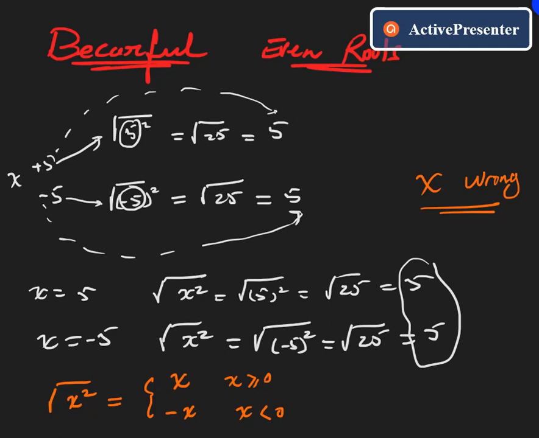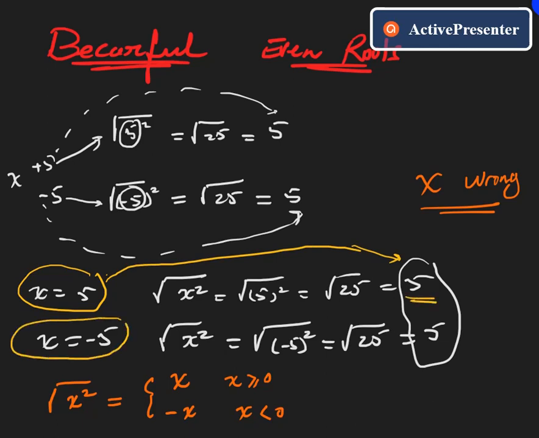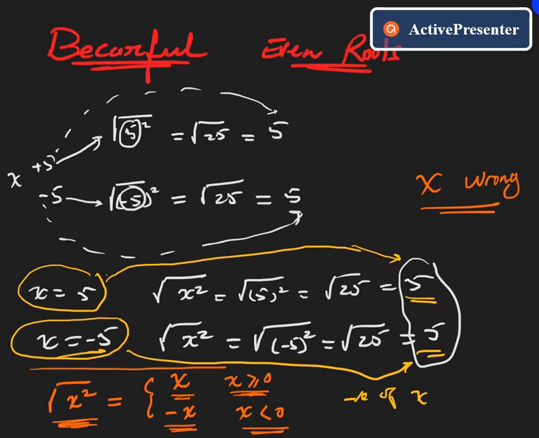As you know, when x is positive or equal to 0, it is x, the same number, and when x is negative, we don't have x. However, we have the negative of x, which is 5. Again, the square root of x squared is equal to x when x is positive or equal to 0. It is equal to negative x when x is less than 0. I hope this is clear.